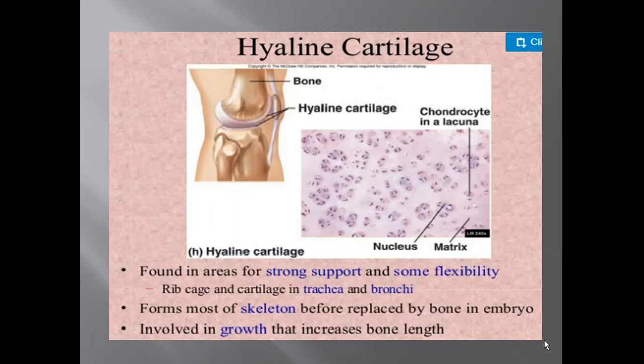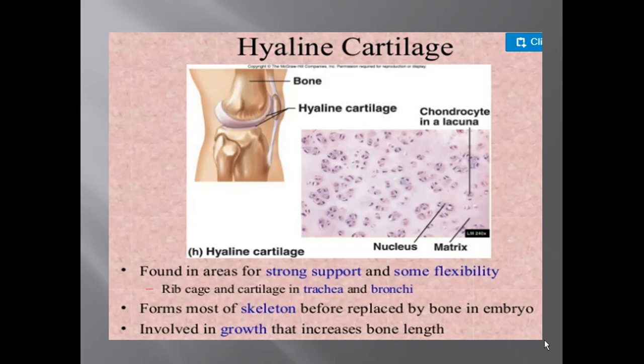Hyaline cartilage. This kind of cell you will see under the microscope is a group of 2 to 4 cells. And the chondrocyte must be covered by the extracellular matrix because you will not find chondrocytes as free cells.